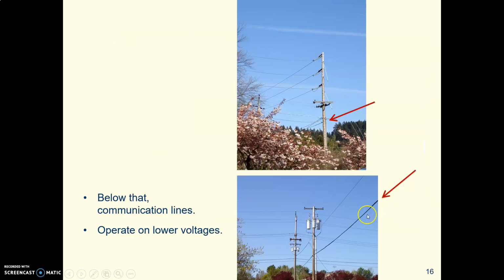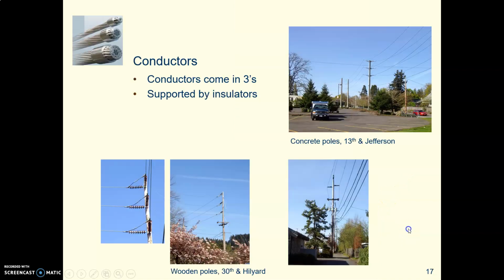Then down below that are the communication lines, and these are big lines, and we might think, oh, well, that must be high voltage. No, it's not. It's low voltage. The conductors themselves are aluminum again, and they come in 3s.